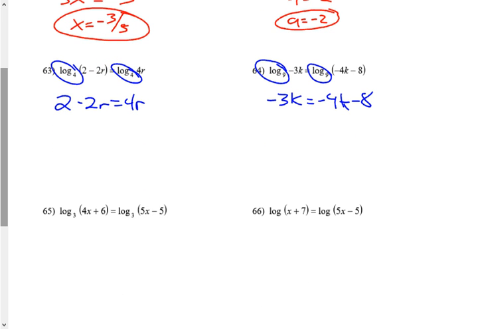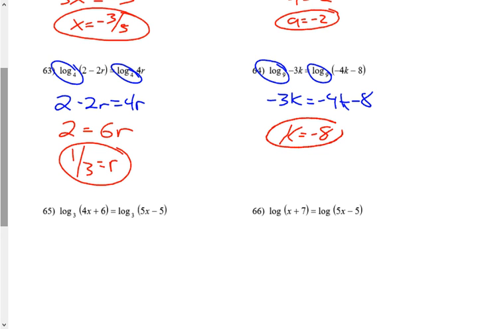In this one, probably easiest to add 2r to both sides. And then divide. And get 1/3. And then last, just add 4k to both sides. And I'm going to get -8. And here's why we want to be able to solve equations, because that's all we're going to do here. It's literally, can you solve this equation?